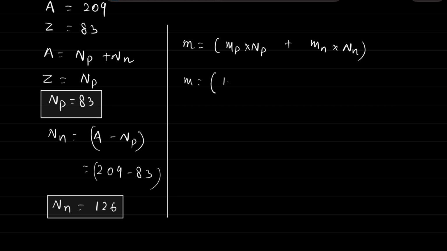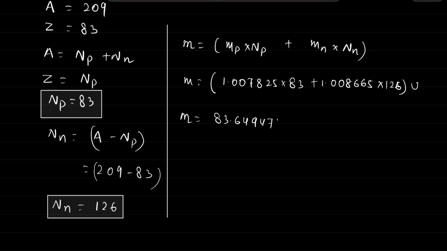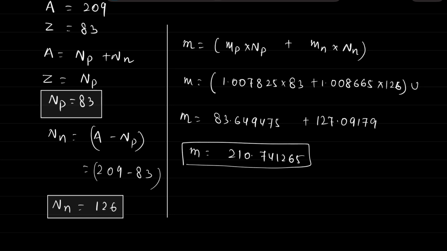Mass of proton is 1.007825 into number of protons, 83, plus 1.008665 into 126 U. So M is equal to 83.649475 plus 127.09179. So M is equal to 210.741265. This is the theoretical mass, we got it.